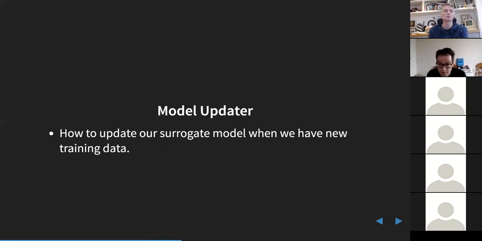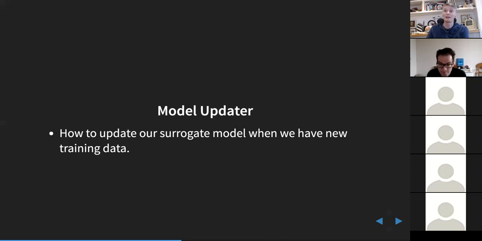And that's not EmuKit's business. EmuKit just says, here's the new point, here's the old model, please update and send me a new updated model, and presumes someone else has worked out how to do that. But the model updater routine is another thing that needs to be there.